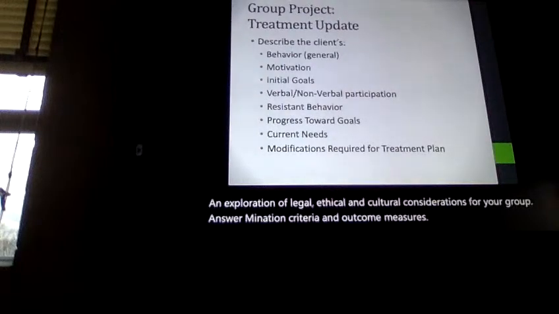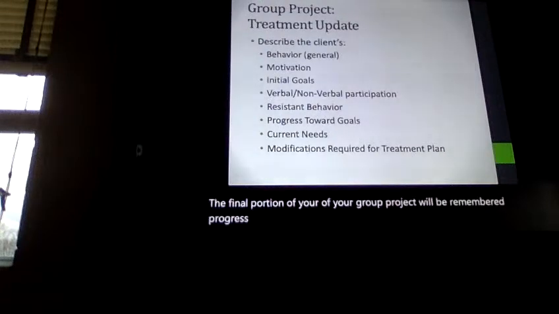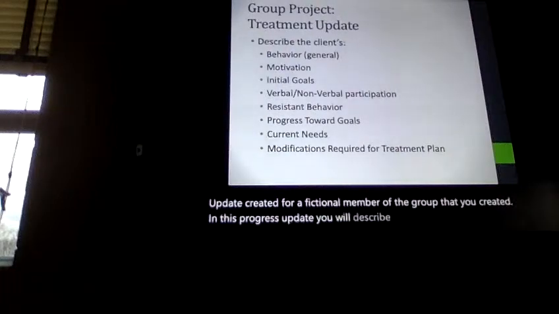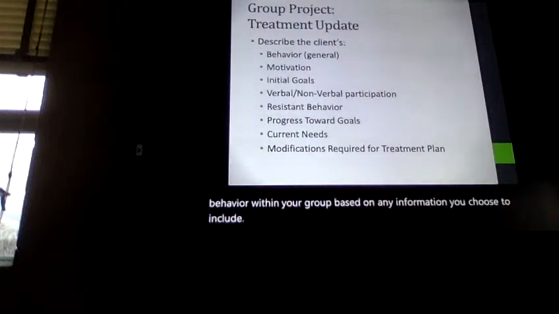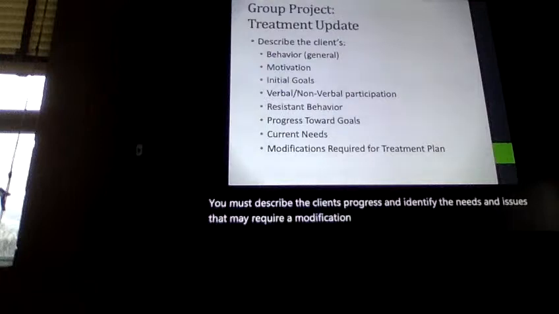The final portion of your group project will be a member progress update created for a fictional member of the group that you've created. In this progress update, you will describe and summarize a fictional client's behavior within your group based on any information you choose to include. You must describe the client's progress and identify the needs and issues that may require a modification in your treatment plan.